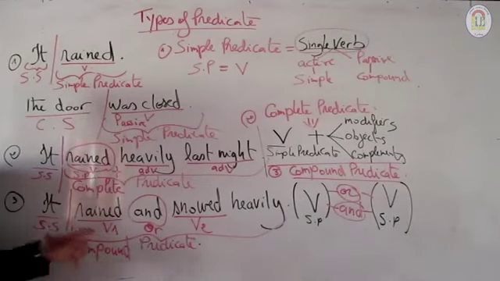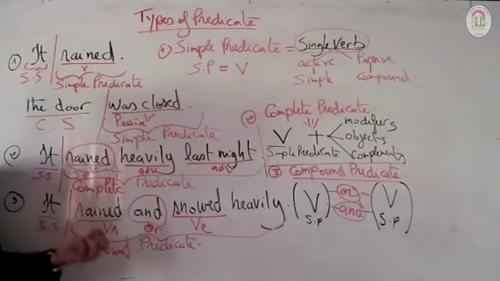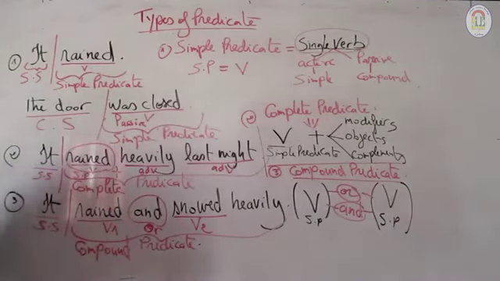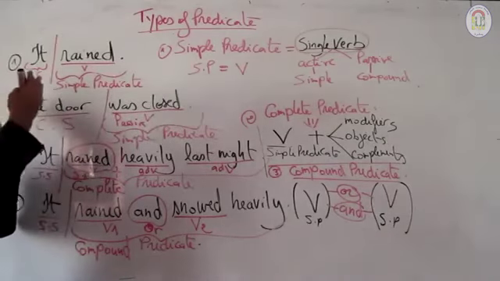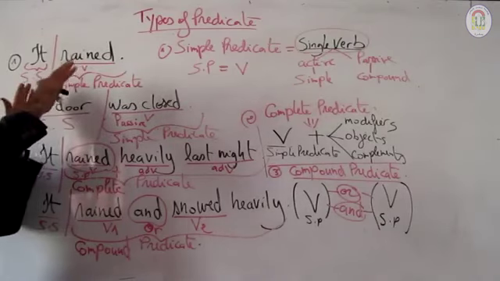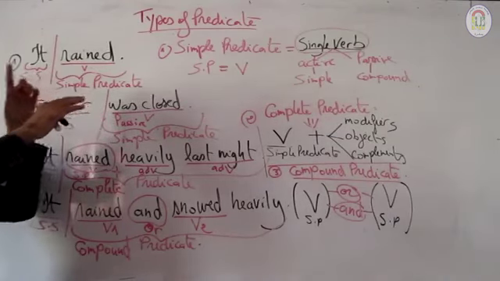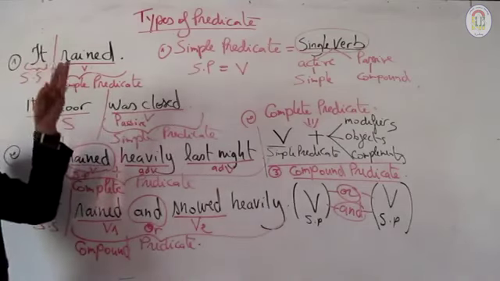Now let's recapitulate and summarize the whole lesson simply by saying that in any English sentence we have two major parts: the subject and the predicate. The predicate consists mainly of the verb as its main part, clear. And this predicate has three types.